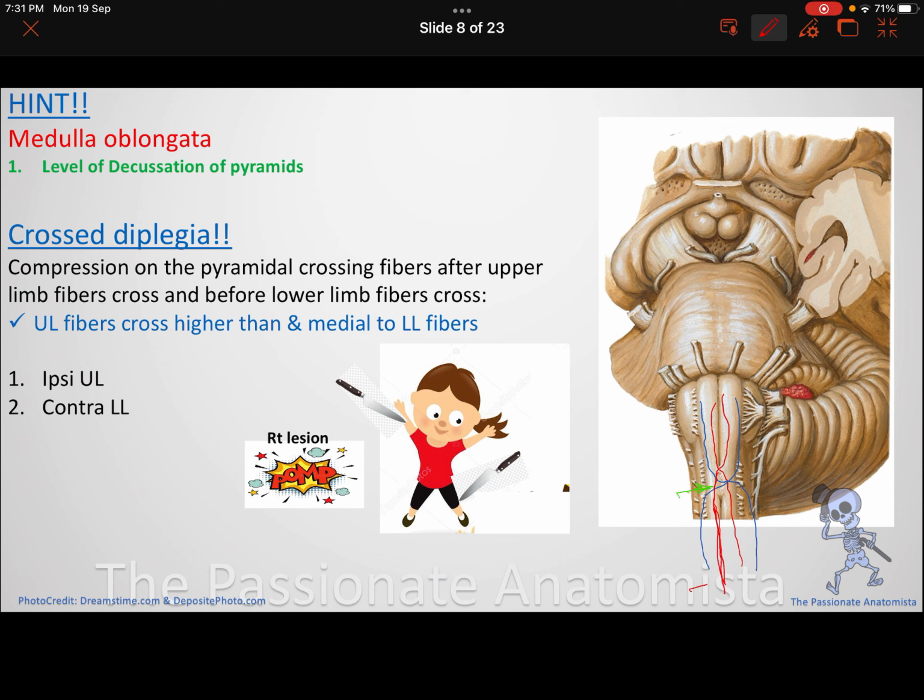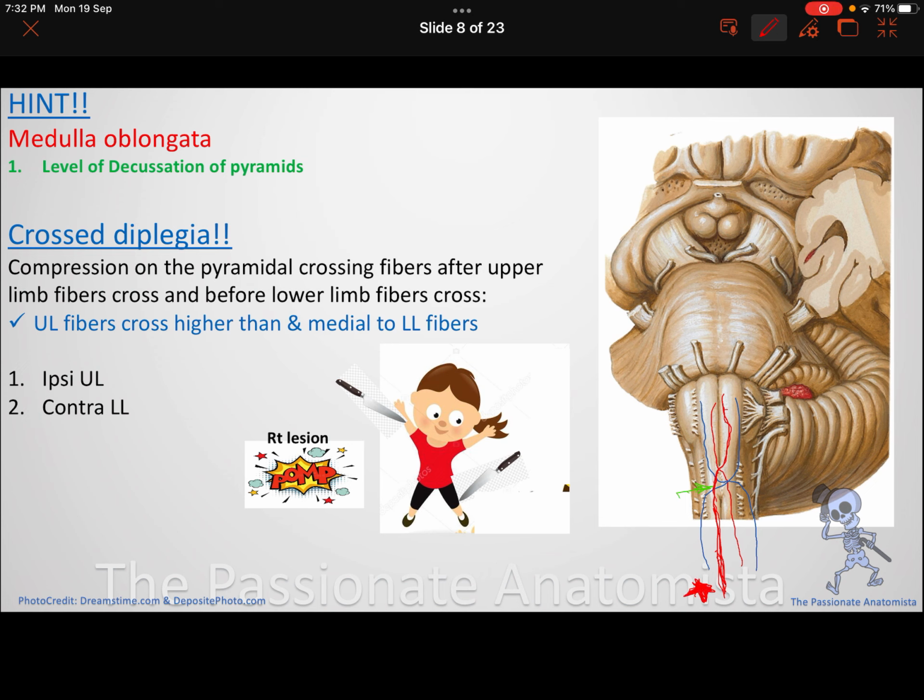So I have a paralysis on the same side because it has already crossed. It crossed higher up. Okay, can you guys see that this is the descending pyramidal from the upper limbs? It has already crossed at this level. So this is the final information going to that side. So this is going to give me ipsilateral hemiplegia.